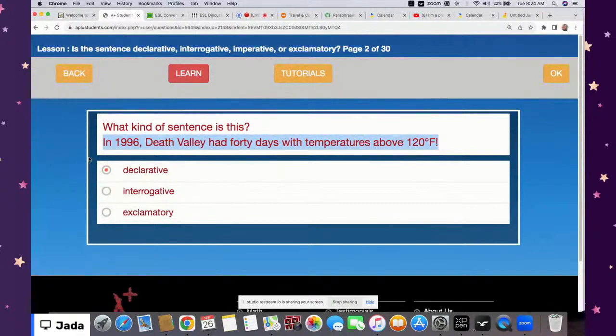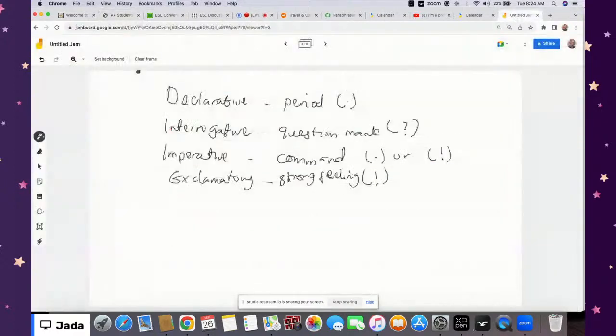So, what do you think is the answer here? I'm gonna go back to the board. So this is the board here. You can take notes, so that you remember.